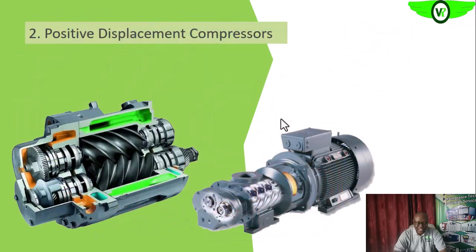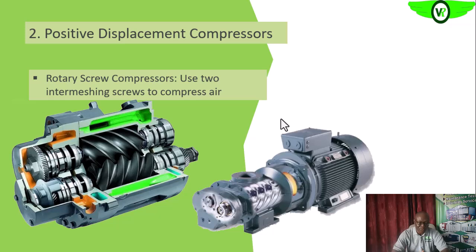So the next that we'll be looking at on the positive displacement compressor is the screw type compressor, rotary screw compressor. So here you see the two meshing screw gears. As they are turning, you see here creates like a pocket that traps the incoming air.